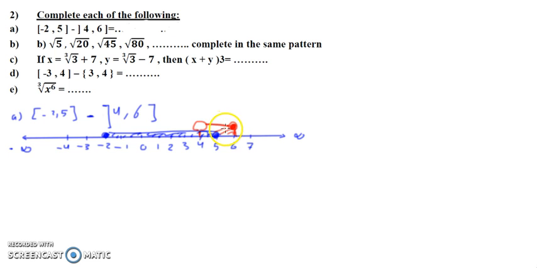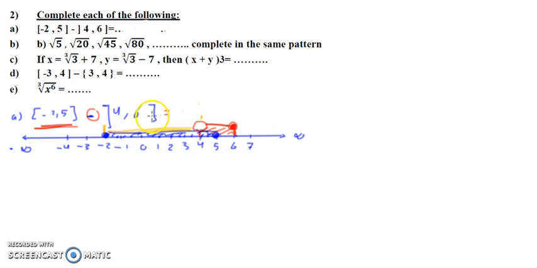And this is the difference. It means to find the elements that exist in the first interval only, which is shown by this area, from negative 2 to 4. So this is the difference, the elements that exist in the first interval only, and we can write it like this.